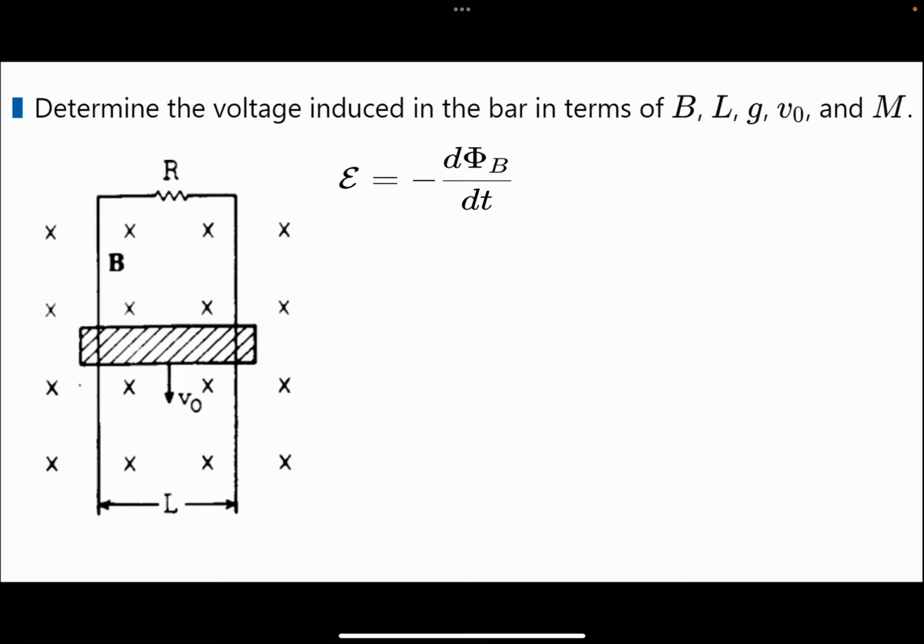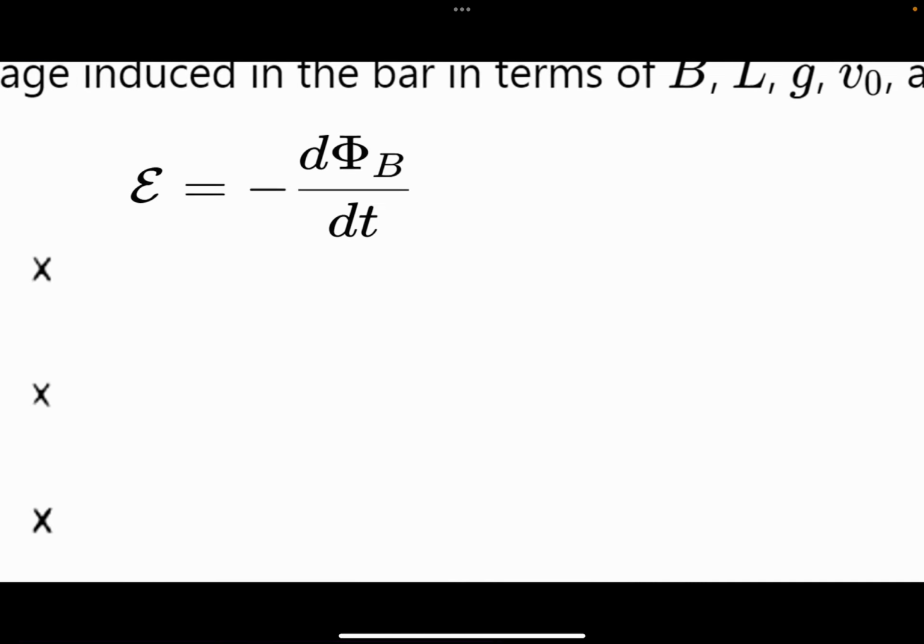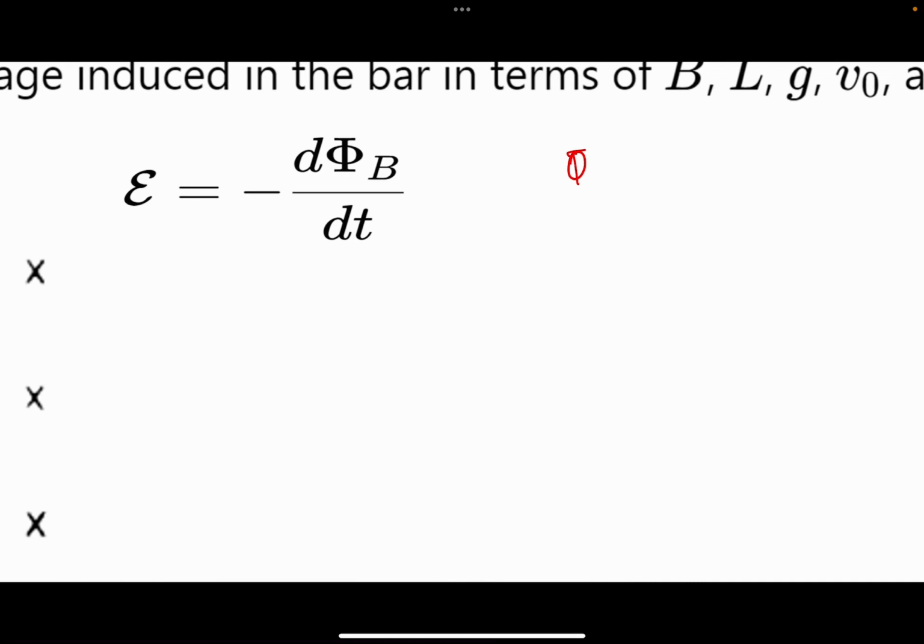So you might be wondering how the magnetic flux is changing in this case. If you remember, the magnetic flux is going to be equal to the magnetic field dotted with the area vector, right? So these are the two terms that contribute to the flux.